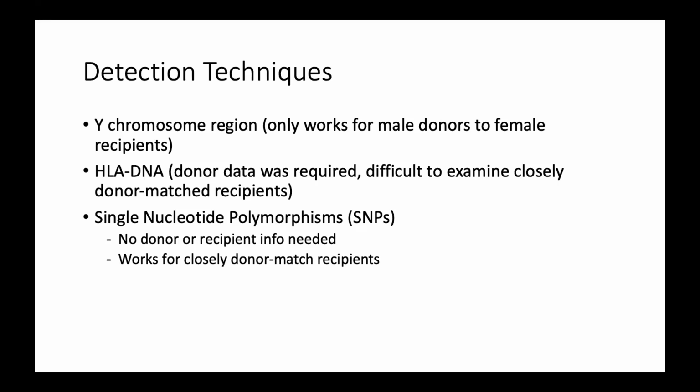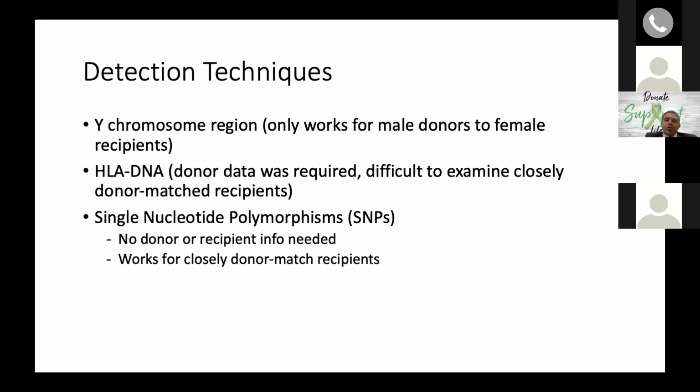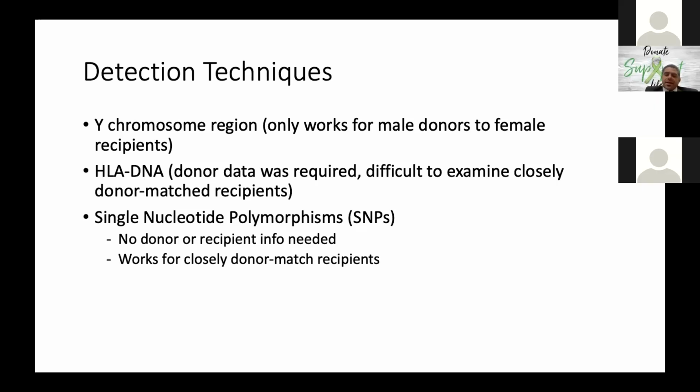Then, because of advances in the PCR technique, or polymerase chain reaction, and the identification of DNA and genome studies, there is something called single nucleotide polymorphism. This is the fingerprint of every person, the DNA print. And we have so many variations that the test can easily pick out two different DNAs, even if one is such a small amount, like in the setting of organ transplantation.